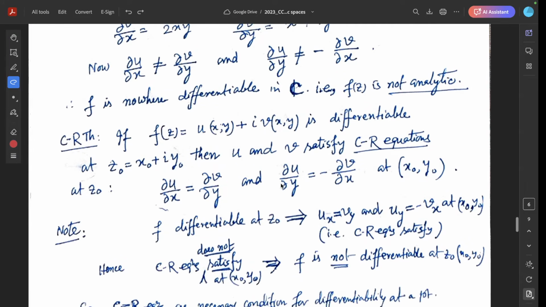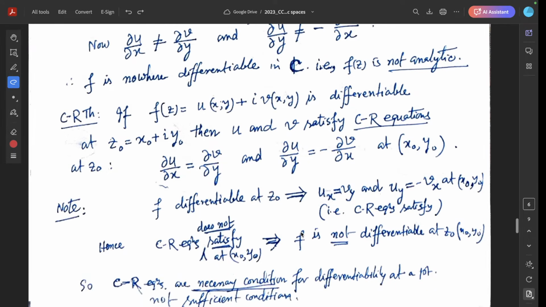Note that this condition is, if f is differentiable, this implies u x equal to v y and u y equal to minus v x at the point x0, y0. The Cauchy-Riemann equations are satisfied, but not vice versa. The converse may not be true.